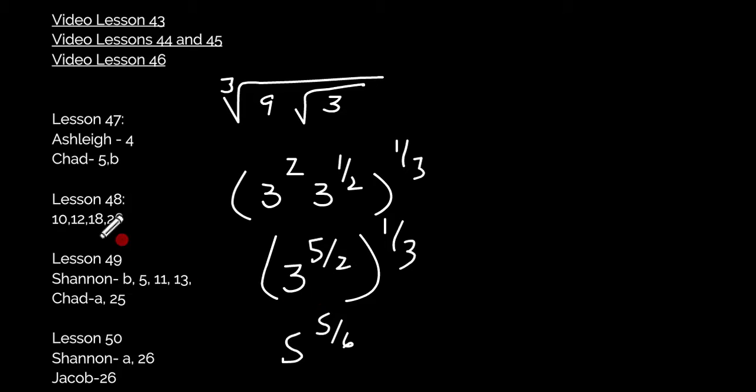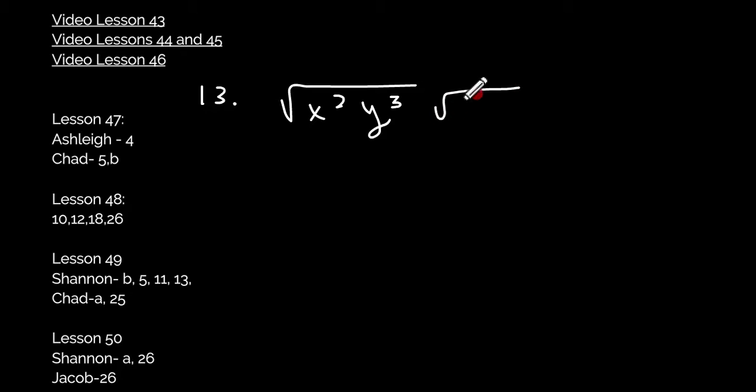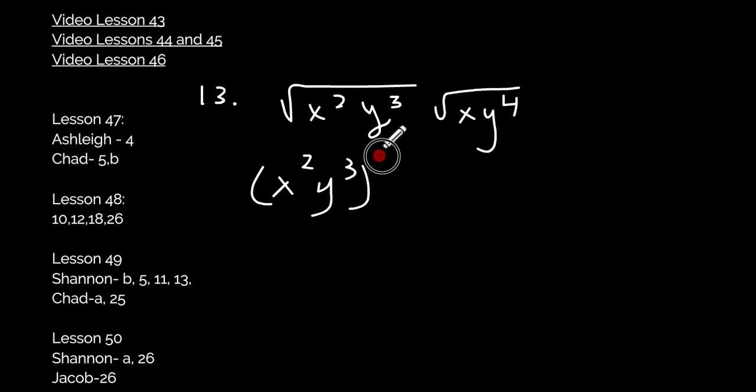Okay, next one. That was 11. Now we're going to go on to 13. 13 is a radical problem as well, but it has variables: x squared, y cubed, and this is xy to the 4th. Okay, we're going to write these to the half power: x squared, y cubed to the 1/2 power, and this is xy to the 4th to the 1/2 power.